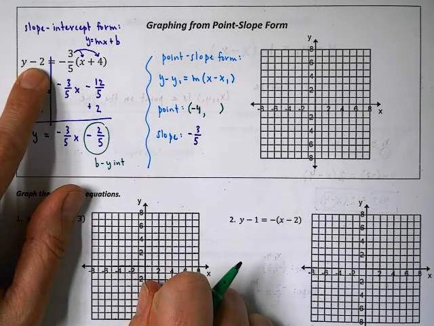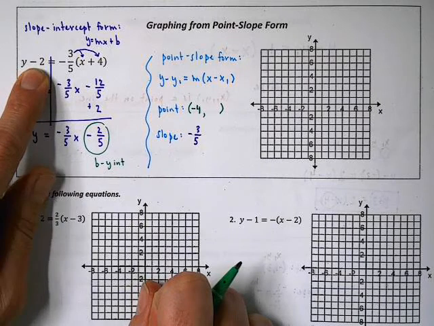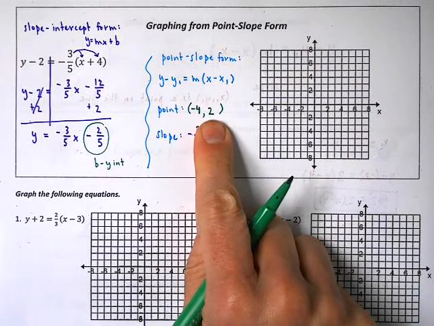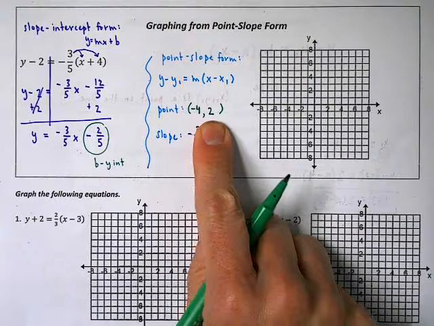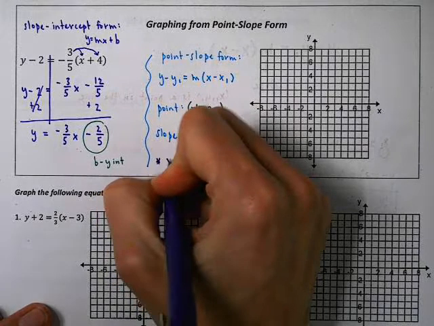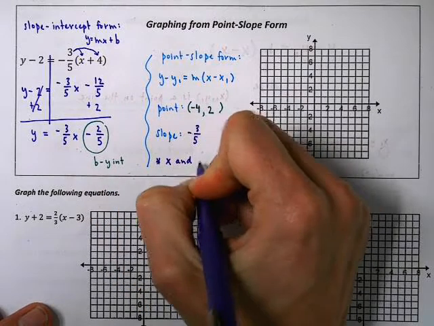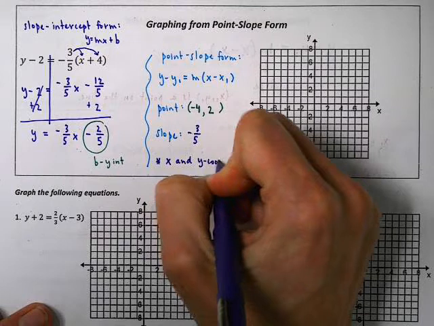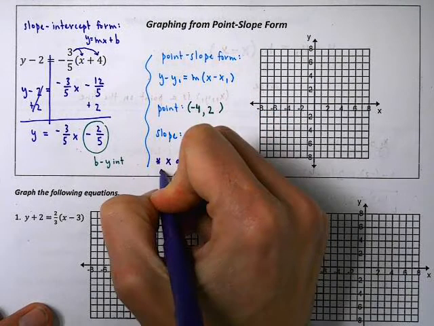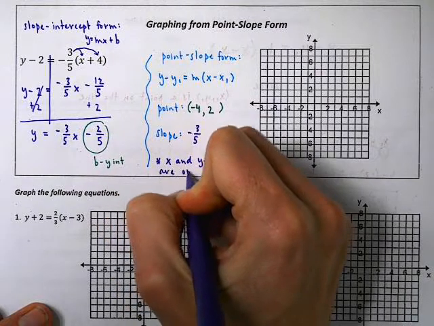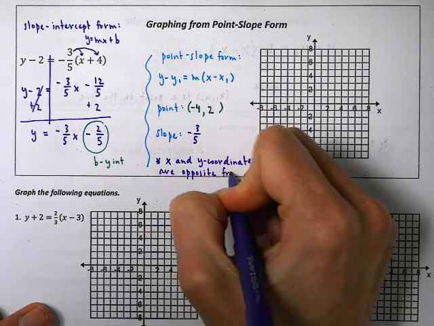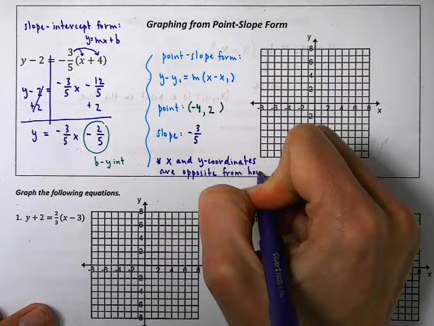This looks like a -2, so I'm going to take the opposite sign, and my point is going to have a y-coordinate that's positive. So I'm going to make us a note here that our x and y coordinates are opposite from how they appear in the equation.